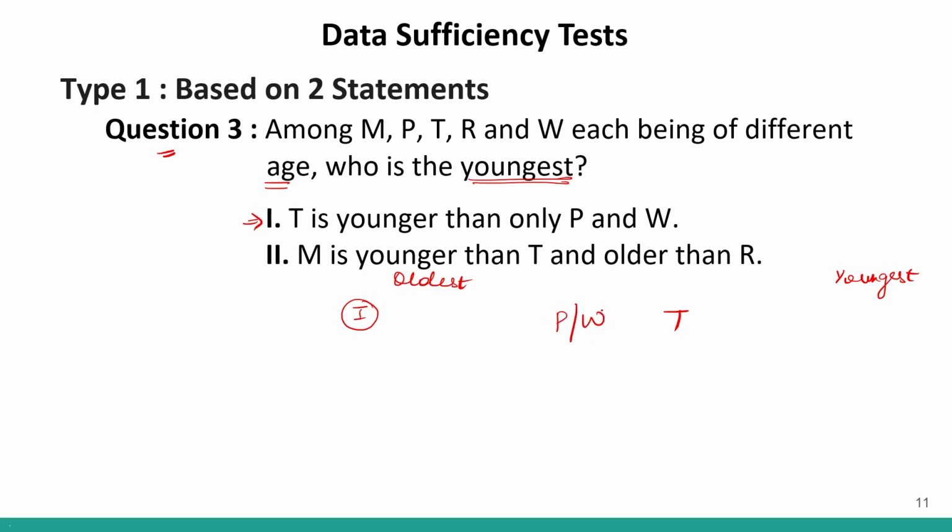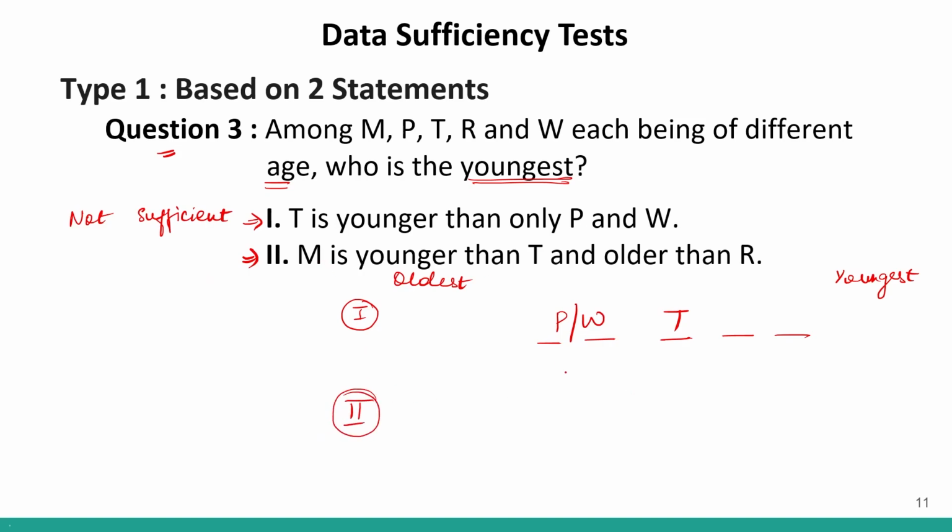So if we have 5 positions, 1, 2, 3, 4, 5, we know the position of T will be 3 from each of the sides. But we cannot determine who will be the youngest. So this statement alone is not sufficient. Now let us come to statement number 2.